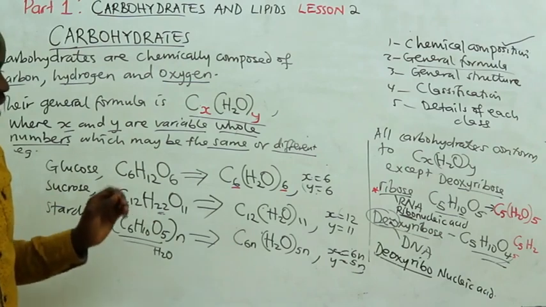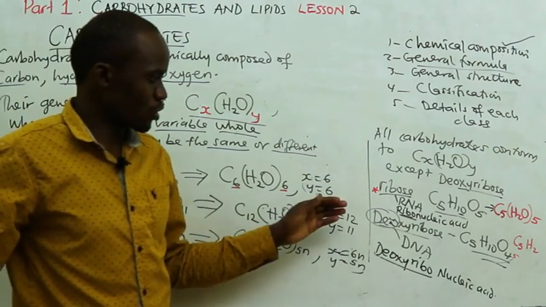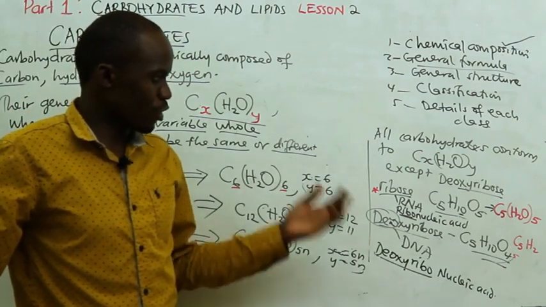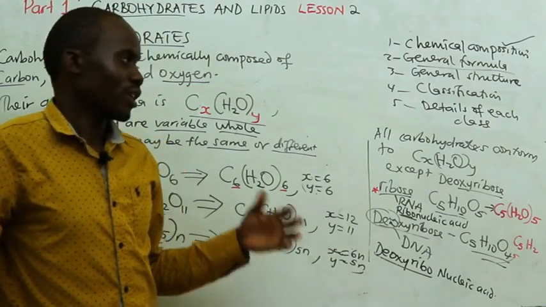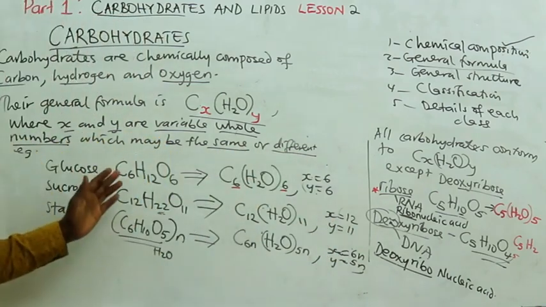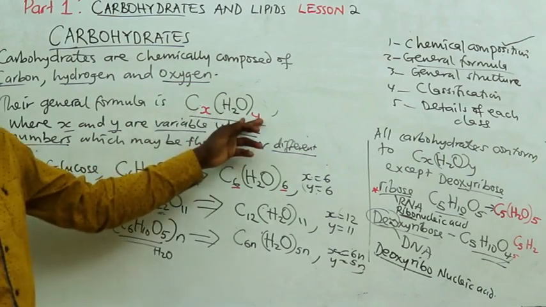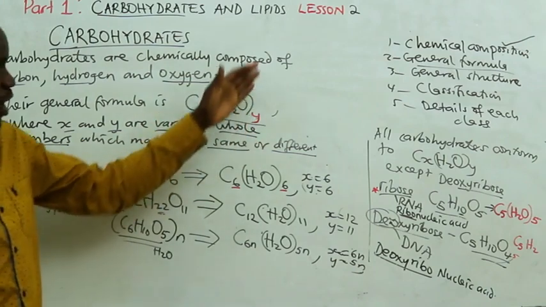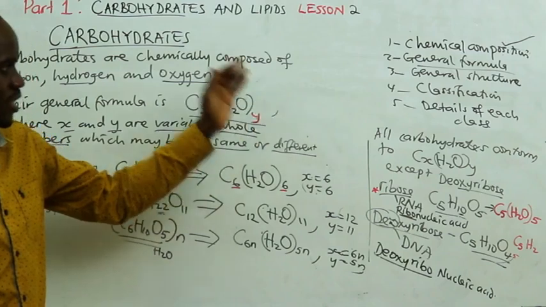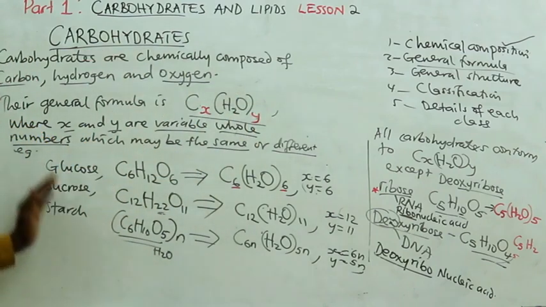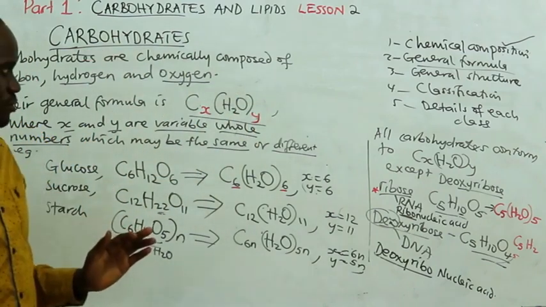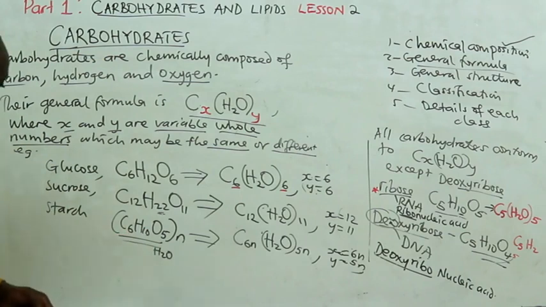So you'll find it a common objective question. They can ask you which of the following carbohydrates does not conform to the general formula, and they put for you RNA, DNA, and any other they can be interested in. Actually, I can design that question for you here.